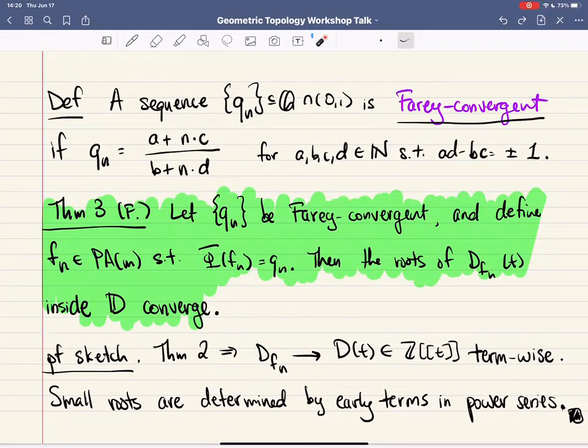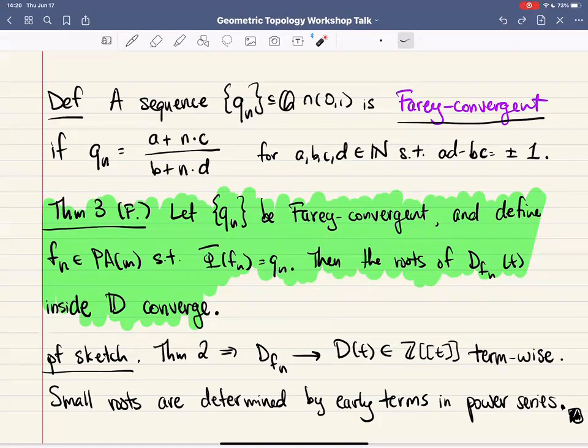Okay, so our last result is that if you have a Farey convergent sequence, look at all the zigzags of pseudo-Anosov type that give you those rotation numbers. Then the roots of their kneading polynomials, the ones inside the unit disk, form convergent sequences. So they aren't just scattering around the open disk like noise.